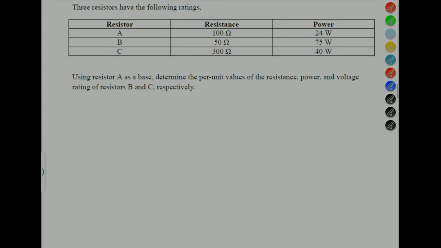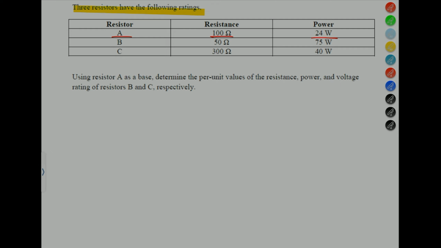These are three resistor ratings, and we want to use resistor A as a base. So this is our base. We have a base resistance and a base power. Let's just write that down.